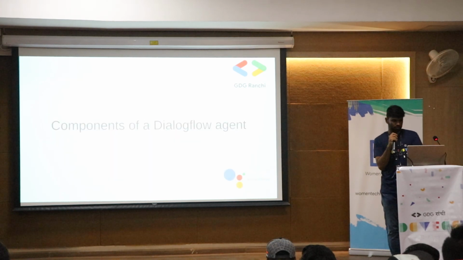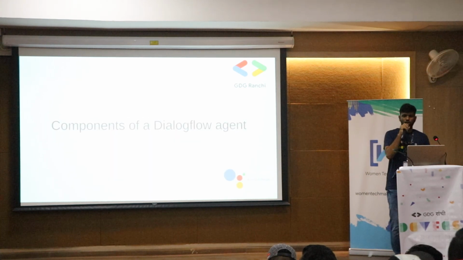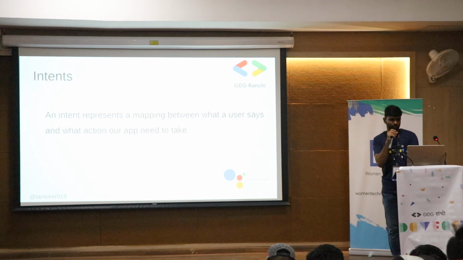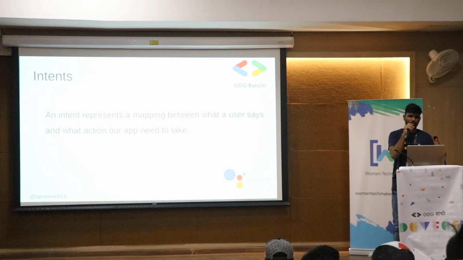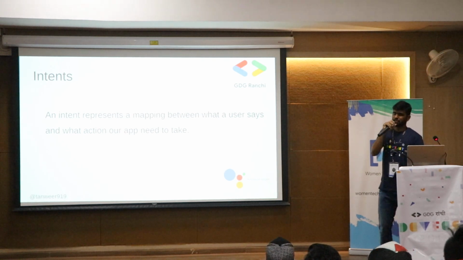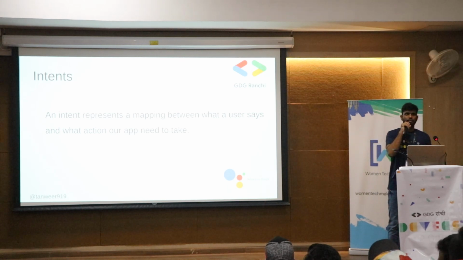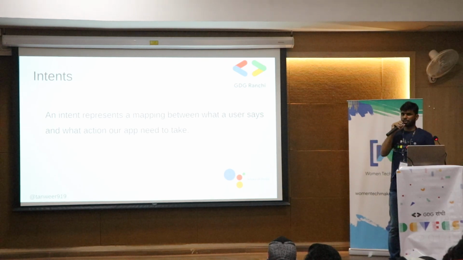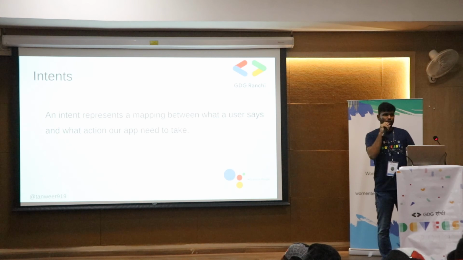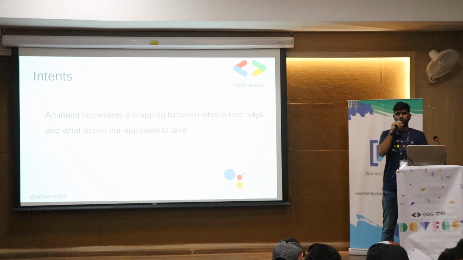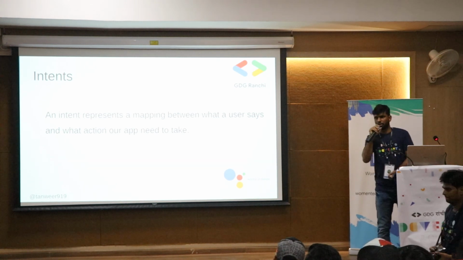Okay. So what are the components of a Dialogflow agent? First are intents. What is an intent? If you say, okay, talk to personal chef, how does Google Actions open a personal chef for you?